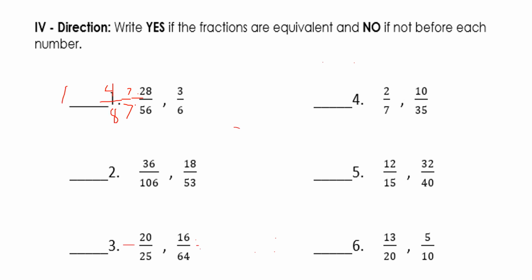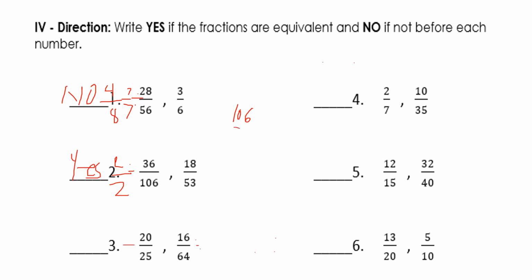So this is no. 36 and 106. Okay, so divided by 2. 36 divided by 2 is 18. So 106 divided by 2 is 53. So this one is yes. Correct.